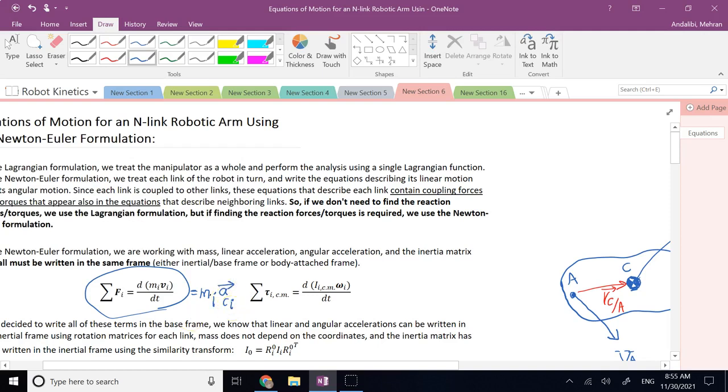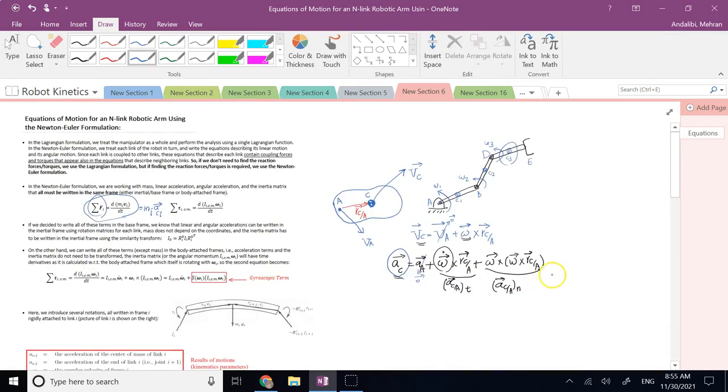Centroid number I. So you see, if I can find acceleration of centroid I multiplied by mass of link I, that's the sum of the total forces applied to that link I. So definitely I need acceleration, and as I said, I will do it through this formula. Now, why do I need to do a velocity analysis also? Many times because not always you have omegas for each and every one of the links.